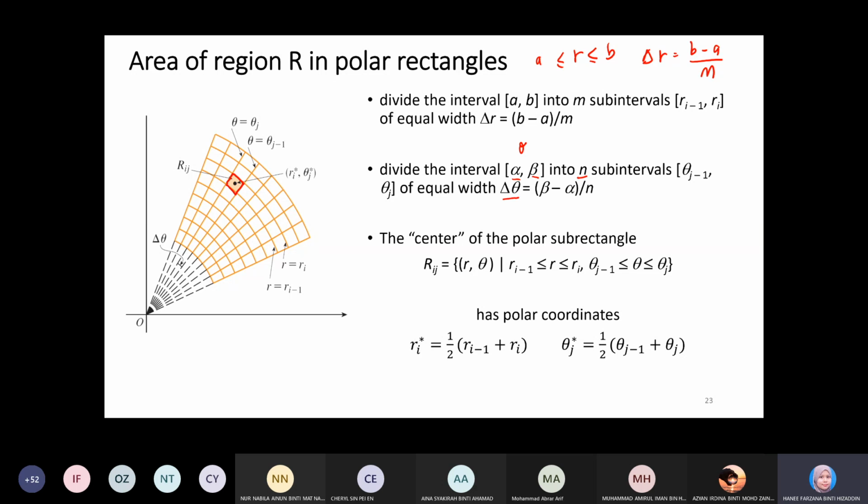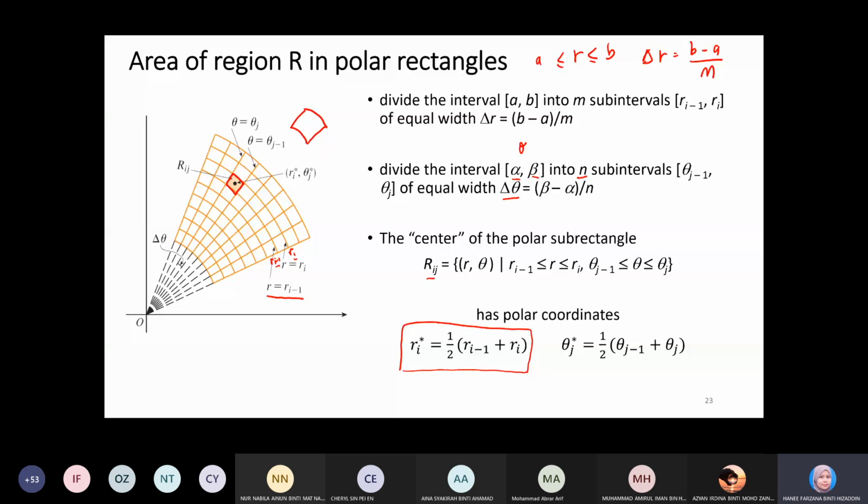It is called a polar rectangle or polar subrectangle because it still has curved sides. For the center of the polar rectangle Rij, R must lie between Ri minus 1 and Ri, so Ri star equals 1 over 2 times Ri minus 1 plus Ri.